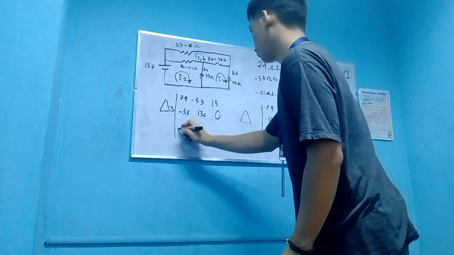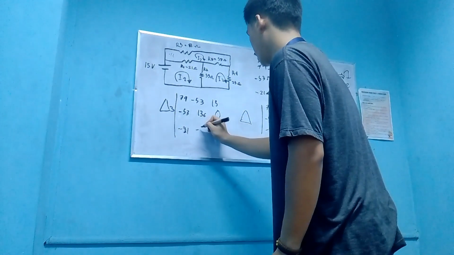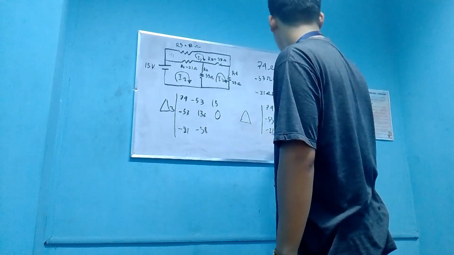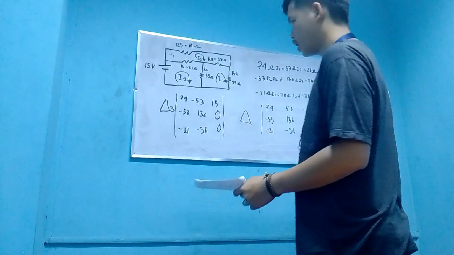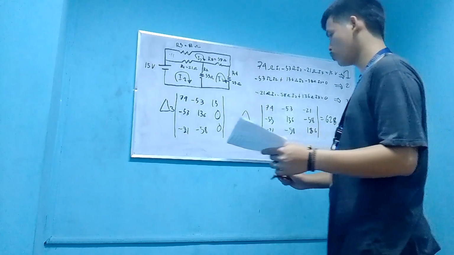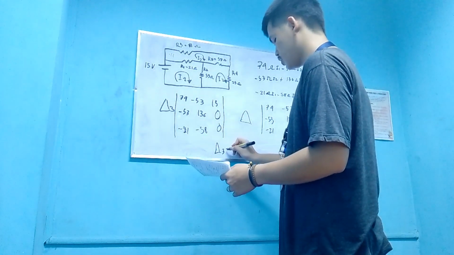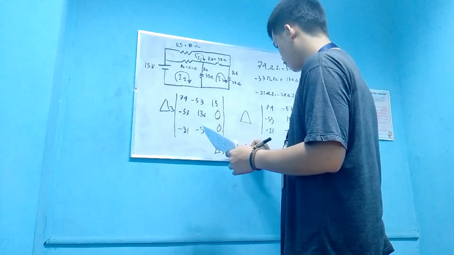So negative 21, negative 58, and 136 will be changed into 0 also. So our delta sub 3 is equals to 88,950.